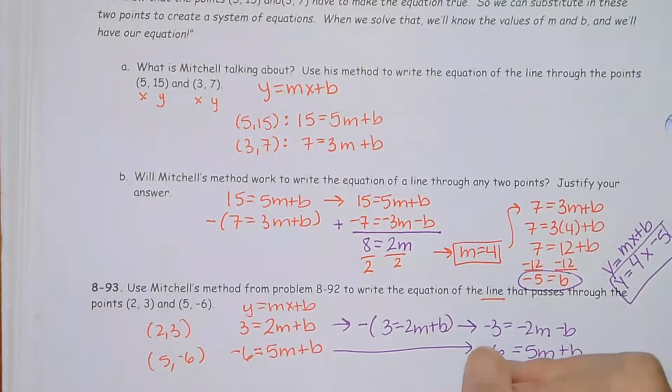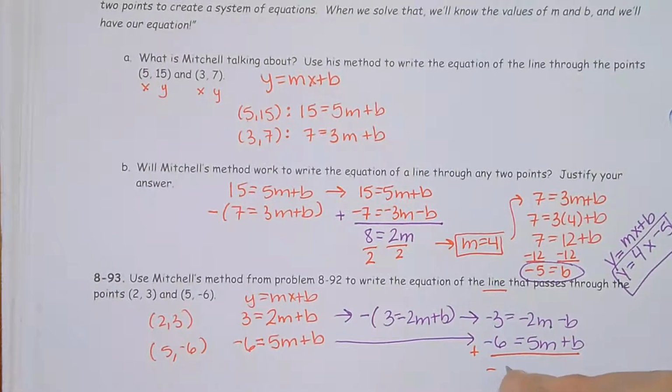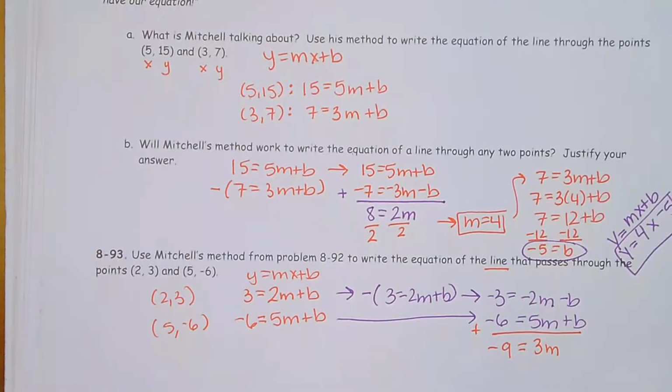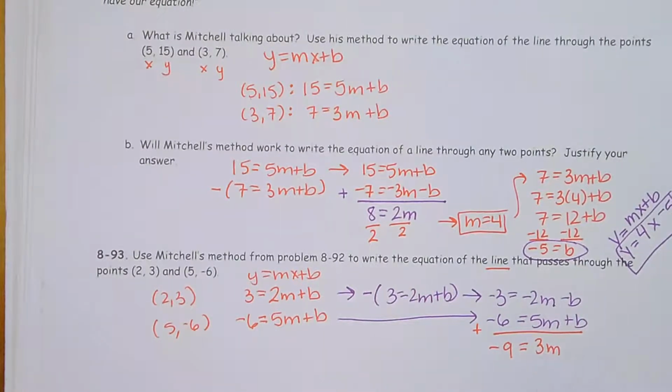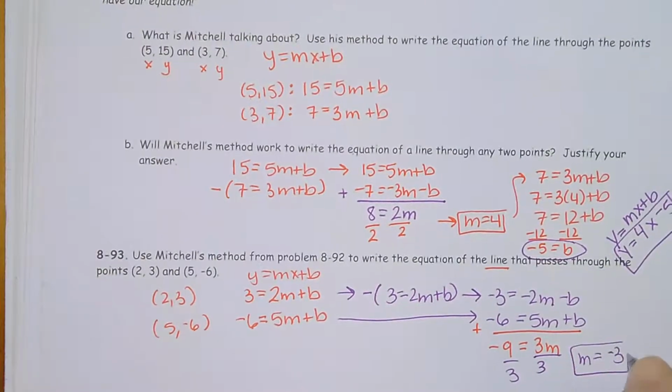So when I add that, -3 and -6 make -9 is equal to 3m when I do that math, and my b's are going to cancel out. So now I'm going to solve this. I'm going to divide both sides by 3, and I get m is equal to -3. So I know my m.